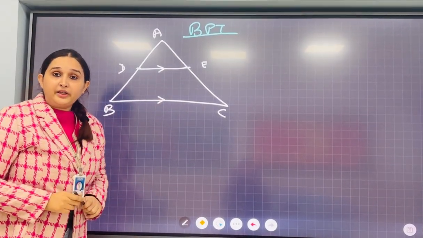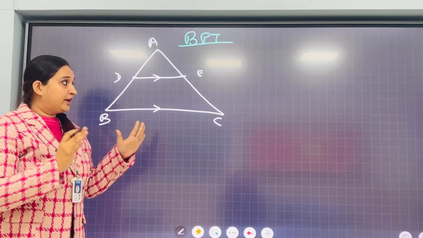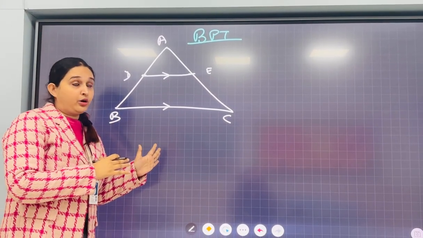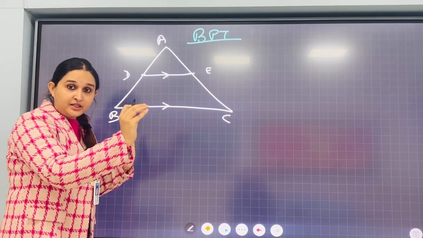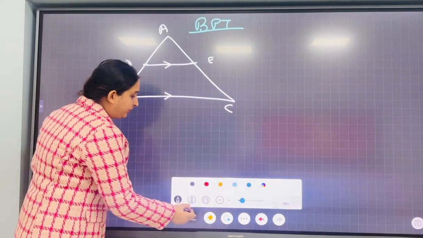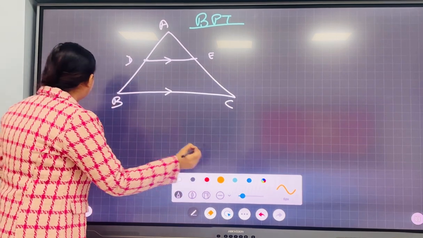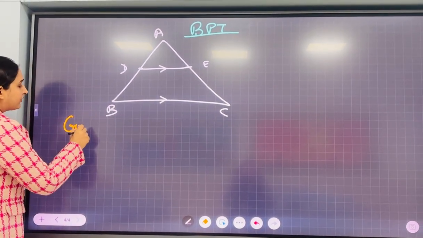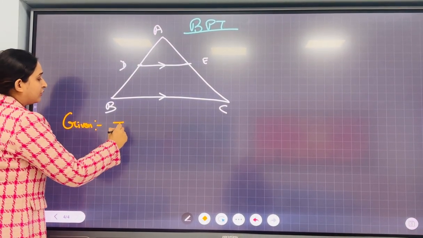Whenever you get a question to prove BPT theorem, first of all write the statement, draw this figure and then write the given information. It is very important to follow the format. So first of all write the given information. What is given?